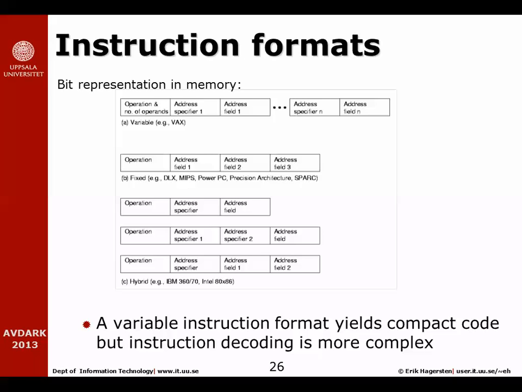And it's quite natural that if you have a variable instruction format, you can represent a code in a much more compact way, because you only use the number of bits you actually need to represent each instruction. While if you have a fixed format, it has to be one size fits all, so you have to squeeze all the instructions. So it's the longest, most complex instruction that's going to define that format.